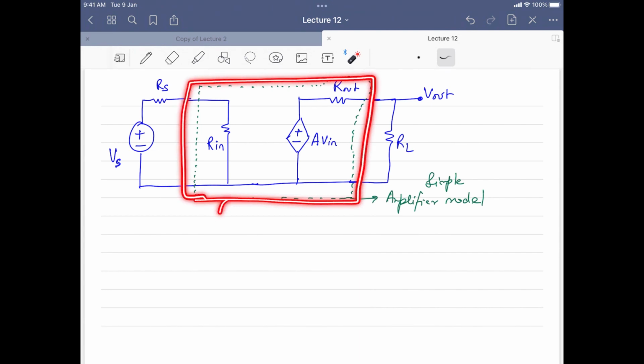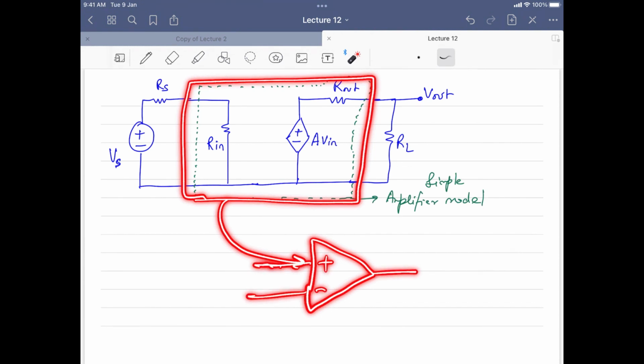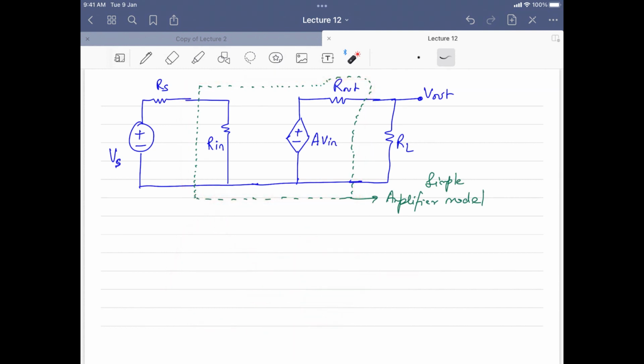This is basically the operational amplifier, the plus and minus one. So we are replacing this complex circuit with a very simple circuit which we already know, in terms of resistances, a voltage controlled voltage source and an Rout. Any questions here?